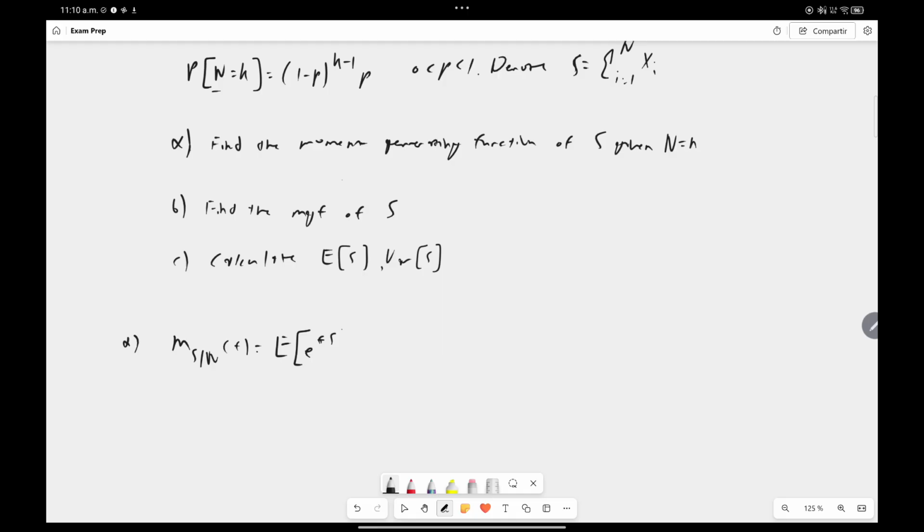Now in this case, why is it S? Well, S is the variable that we're looking at. And we can be a little bit more specific here, given n. I don't think that's an abuse of notation. Maybe it is, but this may be wrong. It may just be e to the power of tX.